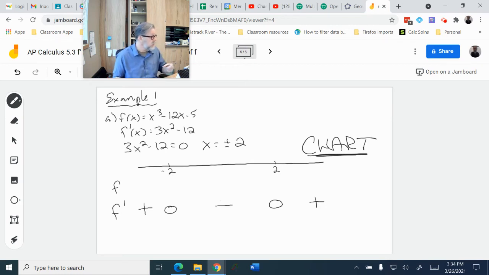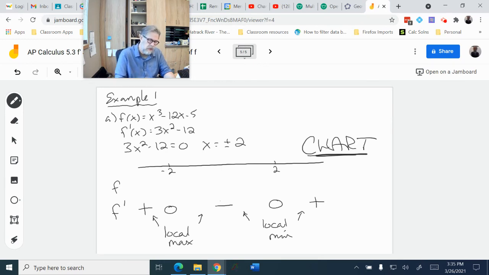So, what does this tell me about the actual graph? Well, what this tells me about the graph of x cubed minus 12x minus 5 is that because my derivative changes from positive to negative, this must be a local maximum. And because my derivative changes from negative to positive, this must be a local minimum.